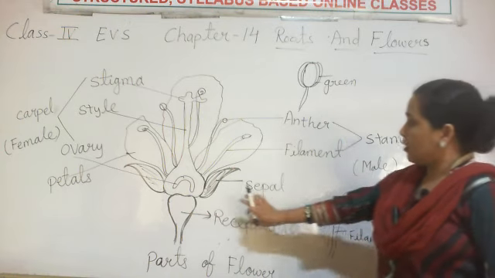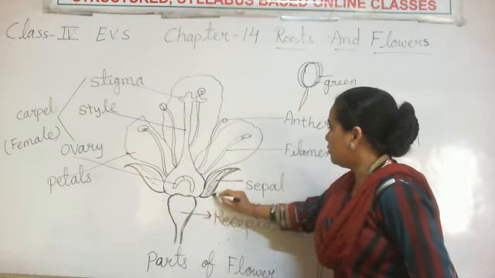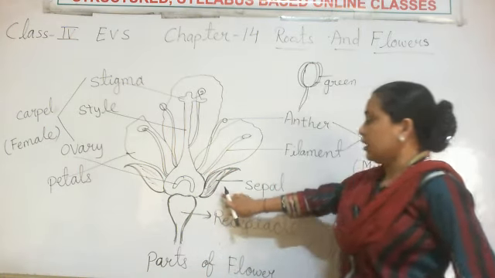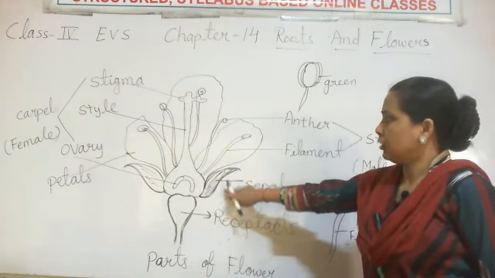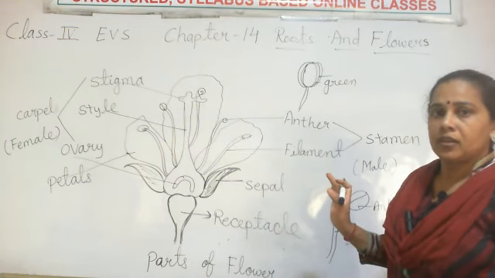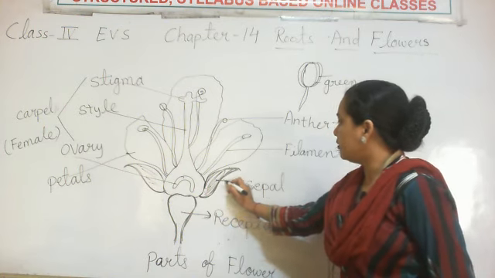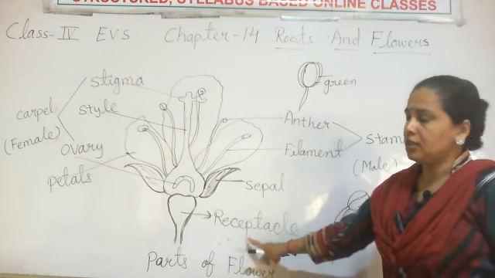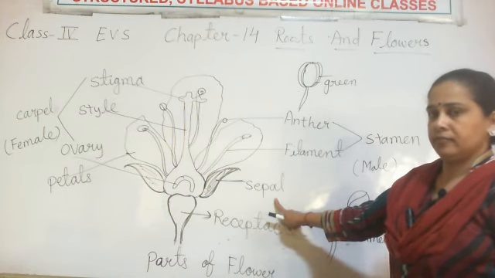Clear? And when we find a full flower, जब हमें पूरा फूल मिल जाता है, that time it gives support to all parts found in the flower. And what is the color of the sepal? Green. Clear? First part is receptacle, second is sepal.